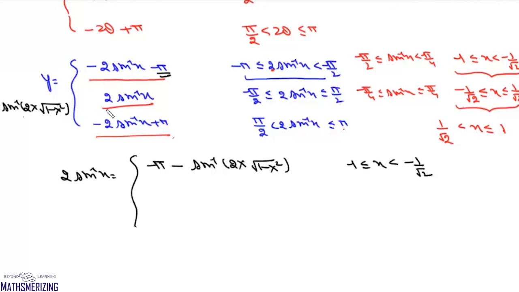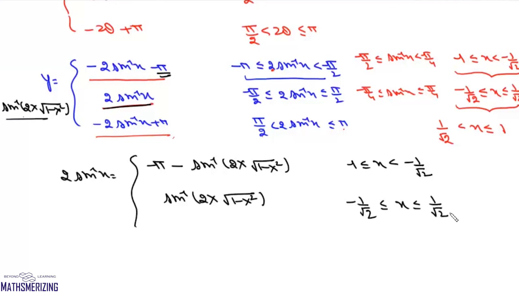Now for the second part, 2 sine inverse x is equal to sine inverse of 2x under root 1 minus x square, when x lies between minus 1 by root 2 and plus 1 by root 2.